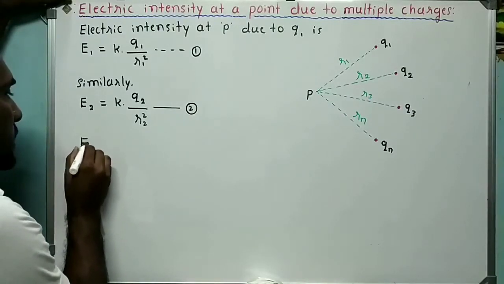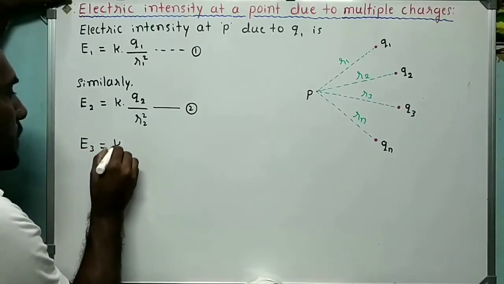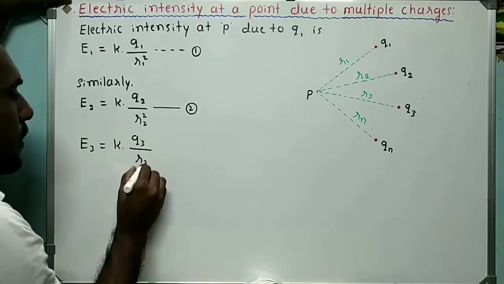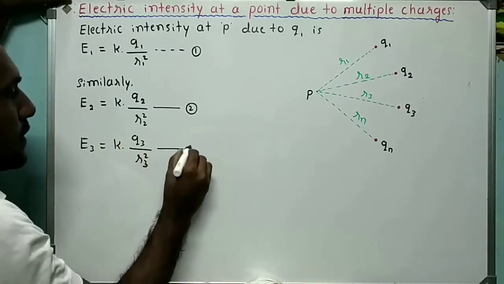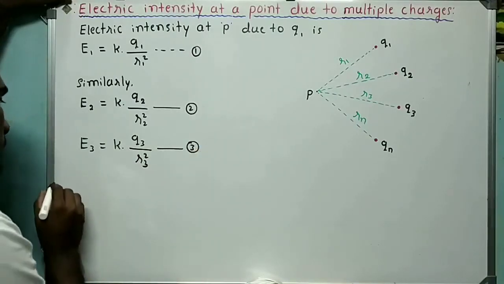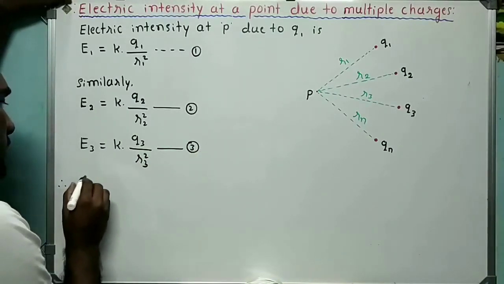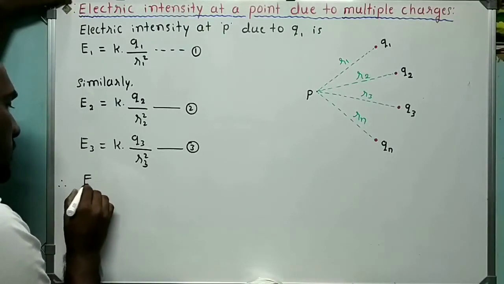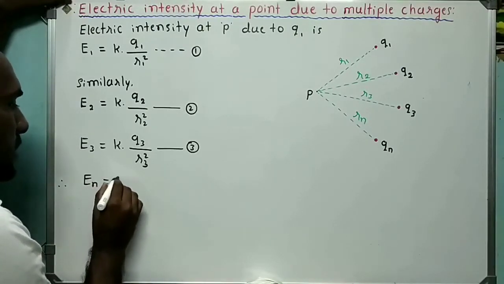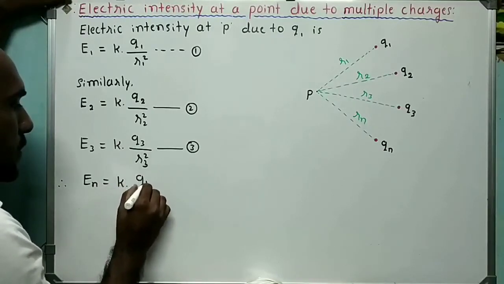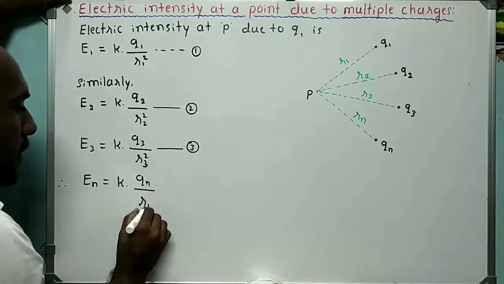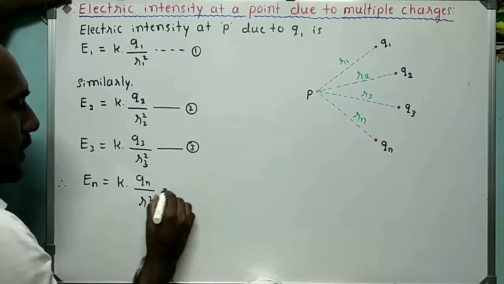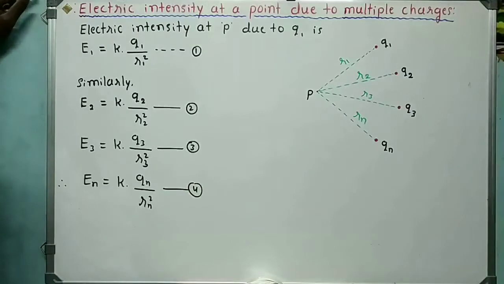And E3 is equal to K into Q3 divided by R3 square, called equation 3. Therefore, electric intensity at a point P due to nth charge, En, is equal to K into Qn divided by Rn square, called equation 4.